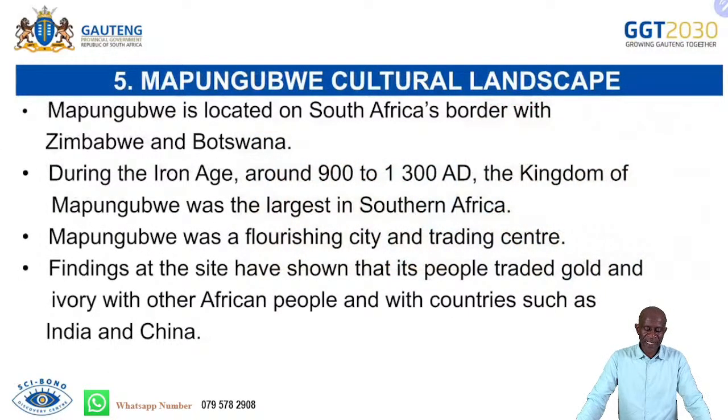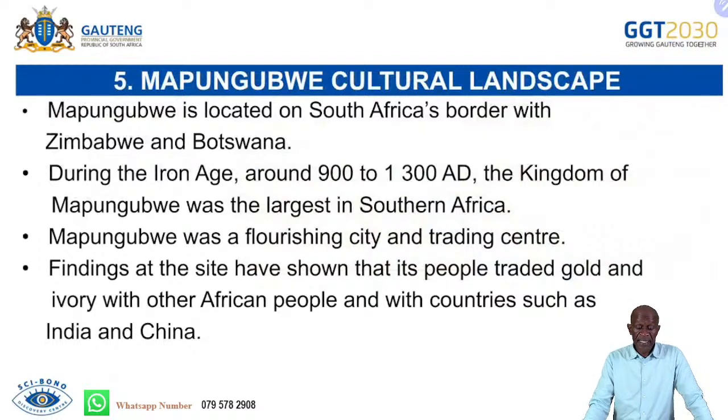Mapungubwe cultural landscape is located on South Africa's border with Zimbabwe and Botswana. So neighboring countries, Botswana and Zimbabwe, share a border with South Africa. That's where you'll find Mapungubwe.